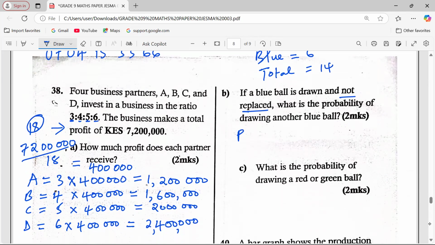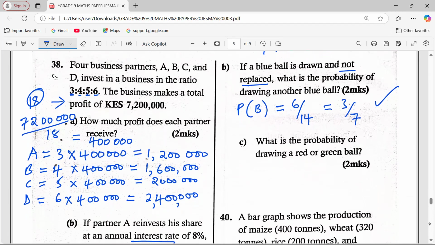Therefore, the probability of picking blue for the second time will be 6 over a new total of 14, which is 3/7. Remember, probability can still be expressed as a percentage, as a decimal, or remain a fraction. So that is it, 3/7.